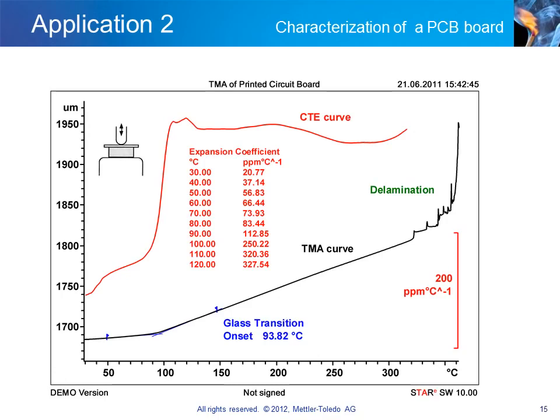It is important to note that printed circuit boards are anisotropic and exhibit quite different CTE values for length, width, and thickness. To obtain complete information, the CTE should therefore be measured in all three directions. Delamination is observed as spikes and jumps in the TMA curve, starting at about 320 degrees and becoming more serious above 360 degrees.